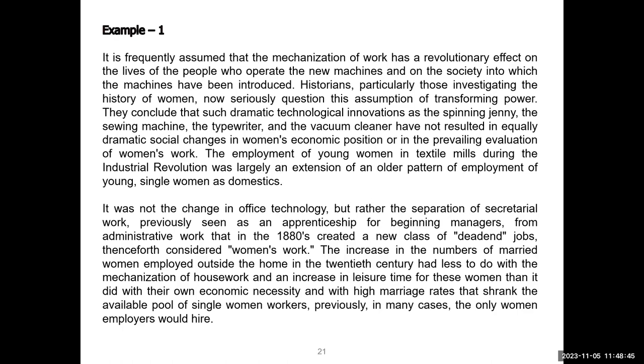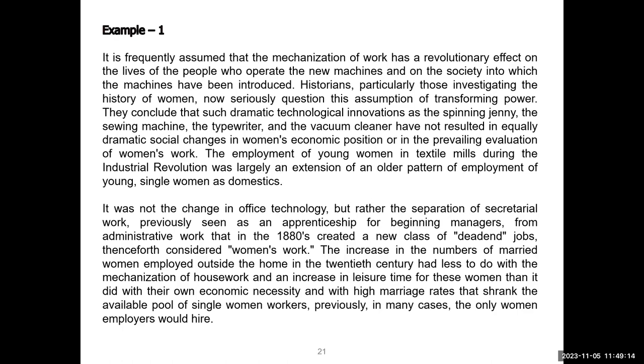Historians, particularly those investigating the history of women, now seriously question this assumption of transforming power. They conclude that such dramatic technological innovations as the spinning jenny, the sewing machine, the typewriter, and the vacuum cleaner have not resulted in equally dramatic social changes in women's economic position or in the prevailing evaluation of women's work.